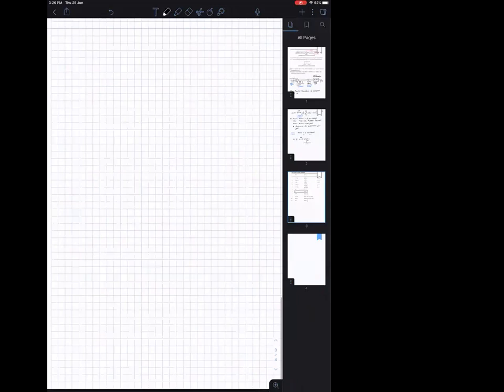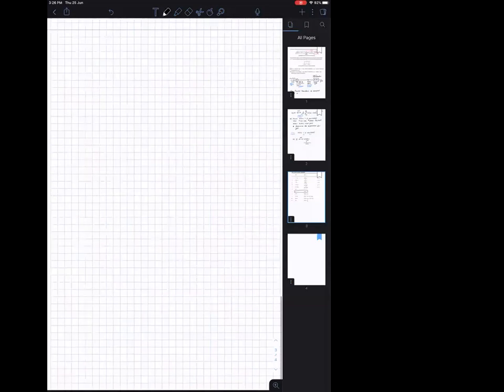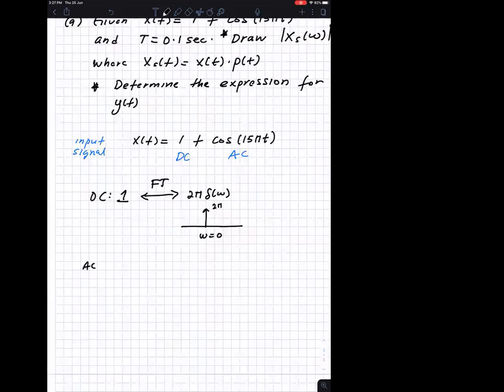So similarly, the Fourier transform of the AC signal, in this case cosine omega naught t.